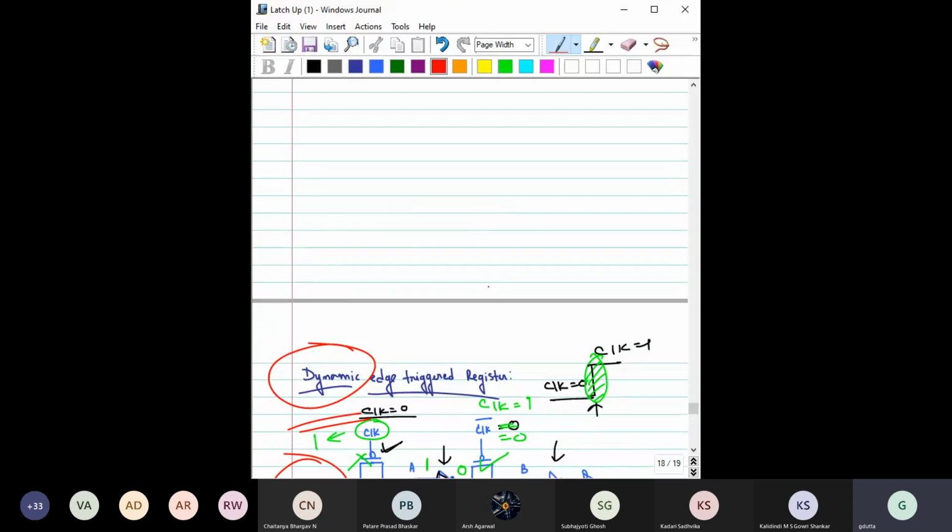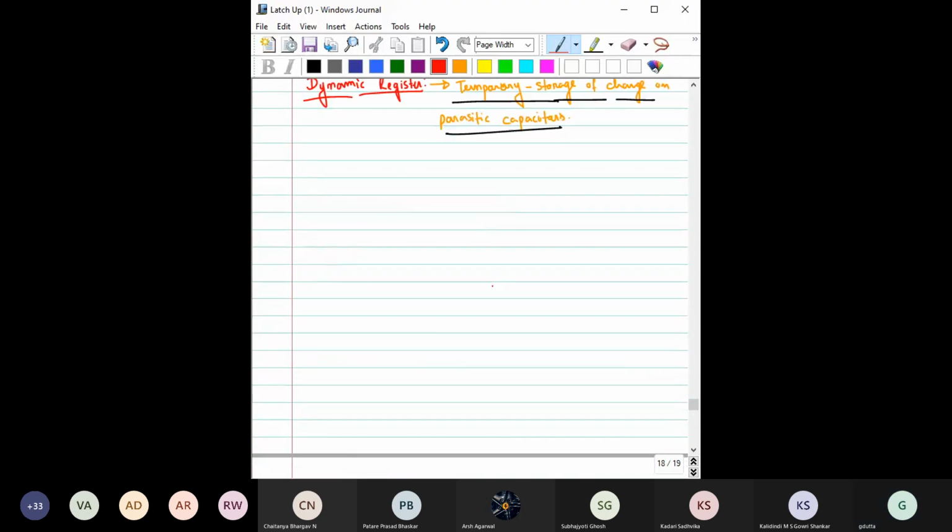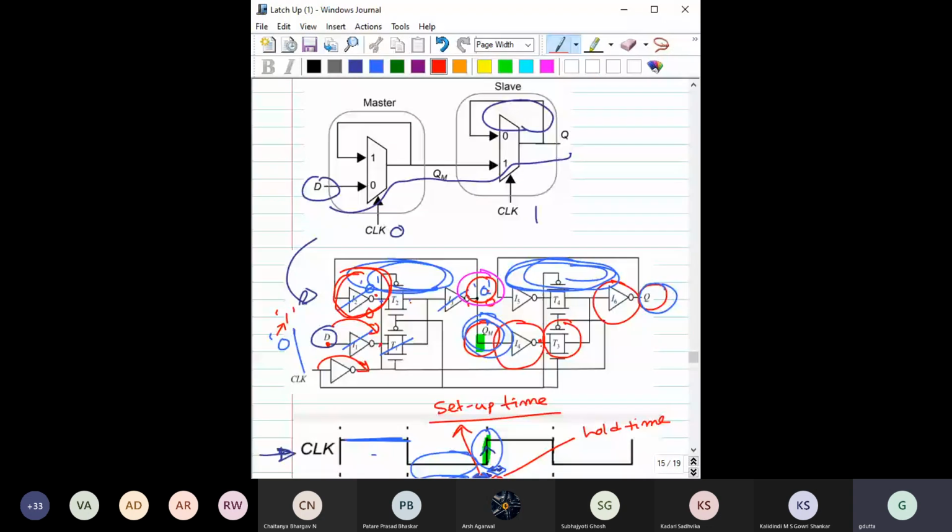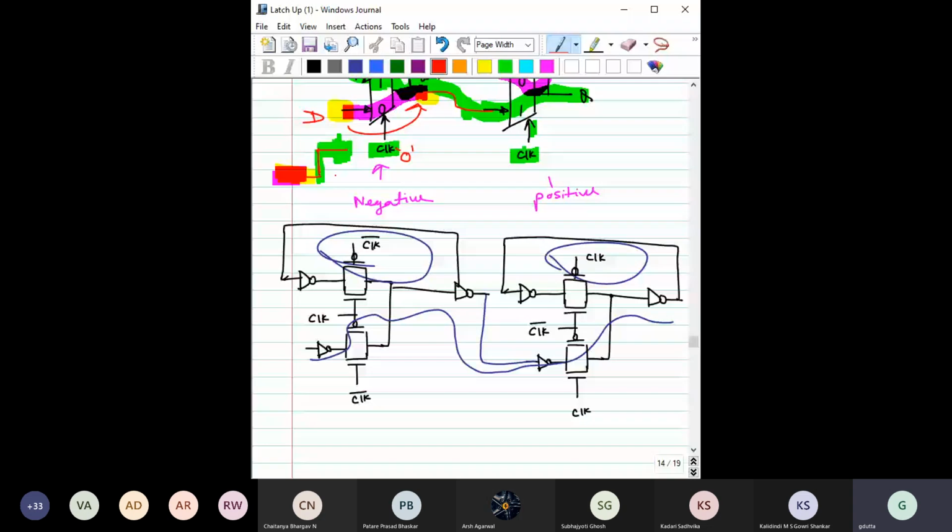Okay, so you see previously this is one positive edge trigger circuit. How many transistors? Oh, this is too congested. How many transistors here? You have 1, 2, 3, 4, 5, 6, 7, 8, 8.